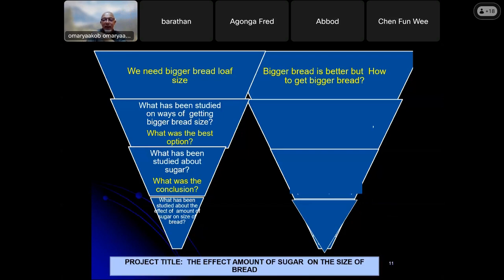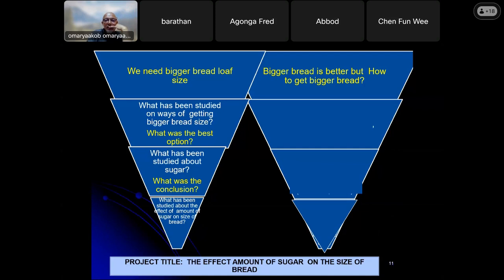Maybe you think differently, it's okay, but my suggestion of how we can understand the derivation of a research problem is by having this inverted pyramid, or filter, or whatever you want to call it. I call it an inverted pyramid somehow, but you can call it a filter or a triangle. Doesn't matter.